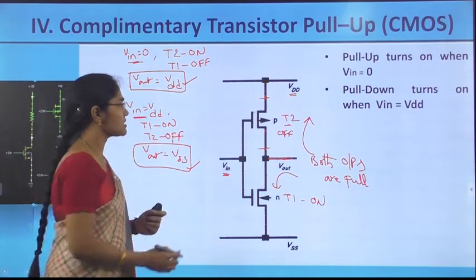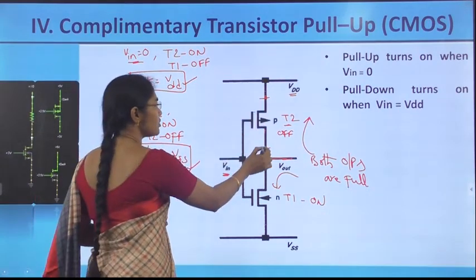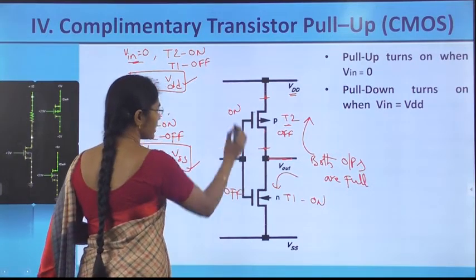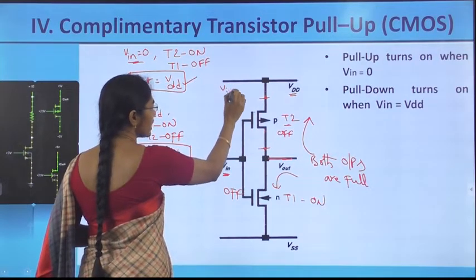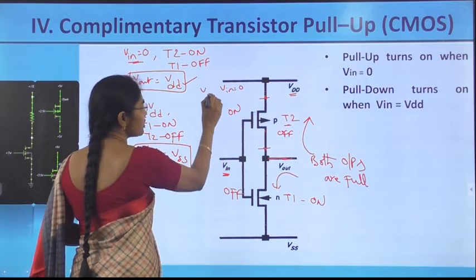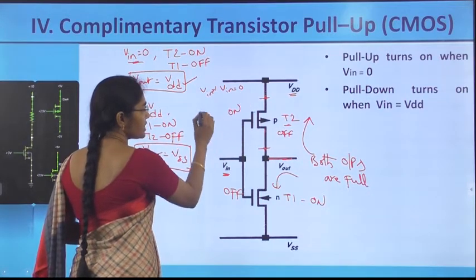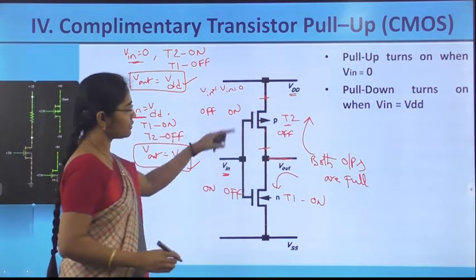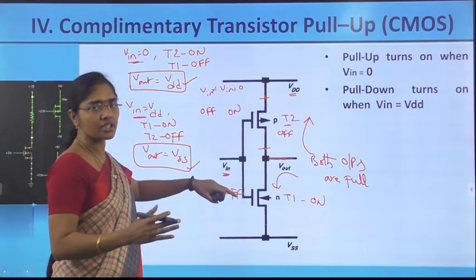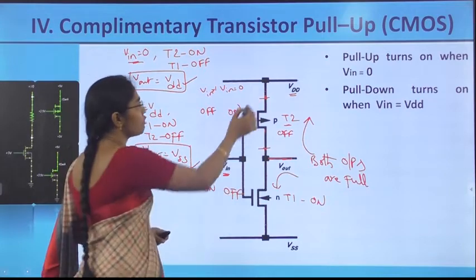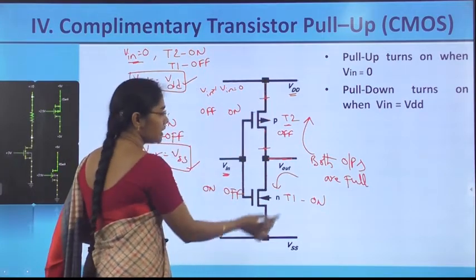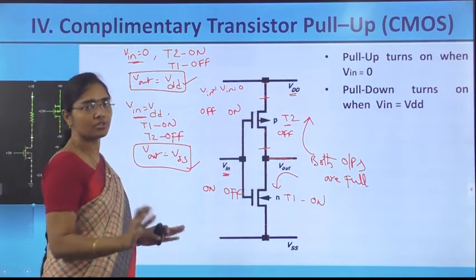And the second one is, when Vin is equal to 0, only PMOS is on and NMOS is off, and when Vin is equal to 1, PMOS is off and NMOS is on. Means either one of the transistors is on at a particular time. Therefore, there is no short path between VDD and ground for any value of the input.